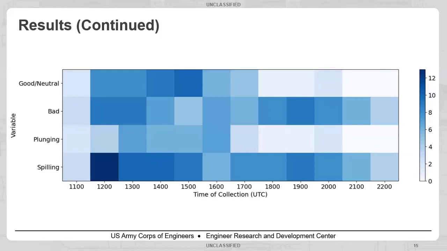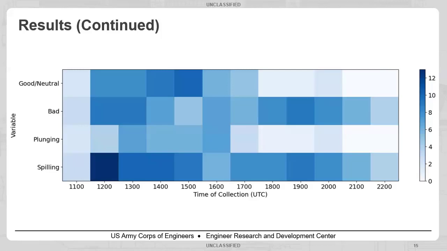Then I want to look at the frequency of what we considered a good or neutral mask and a bad mask, and the frequency of plunging versus spilling waves. You can see that the good and neutral are almost grouped with the plunging, and the bad and spilling are grouped together.